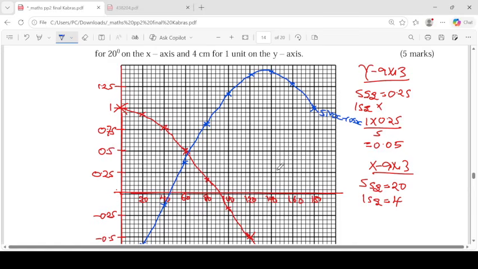So this is 5, 10, 15, 20. 24 is here. So that is the line 1.2. Let me draw this line. This is the line y equals 1.2.